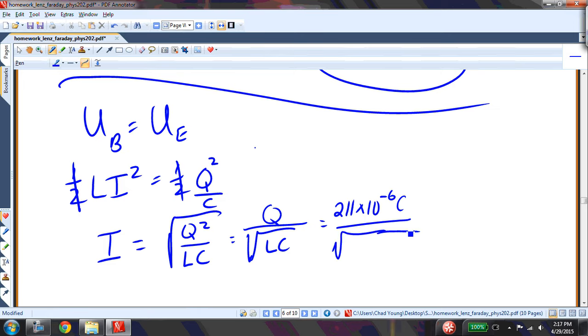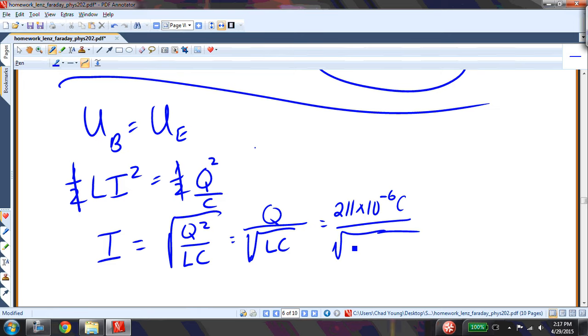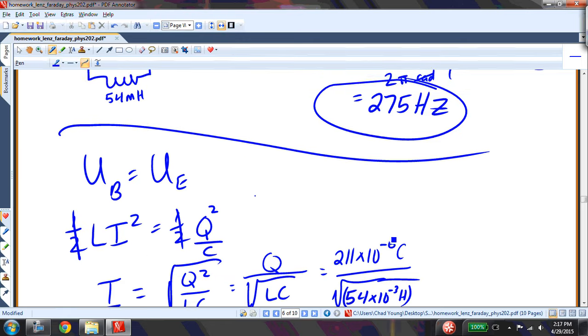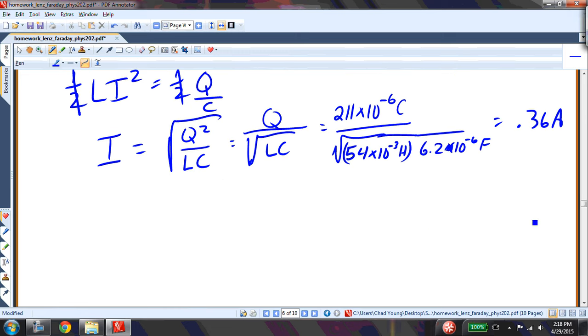The square root of L is 54 times 10 to the minus 3 henries times 6.2 microfarads, so times 10 to the minus 6 farads, and this is equal to my current of 0.36 amps.